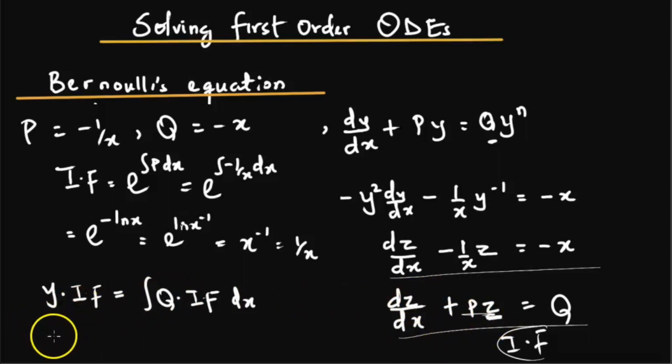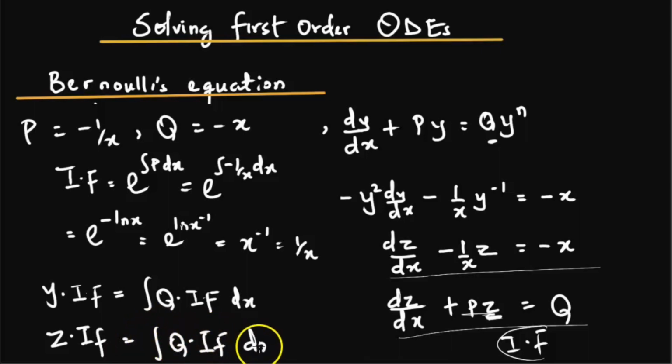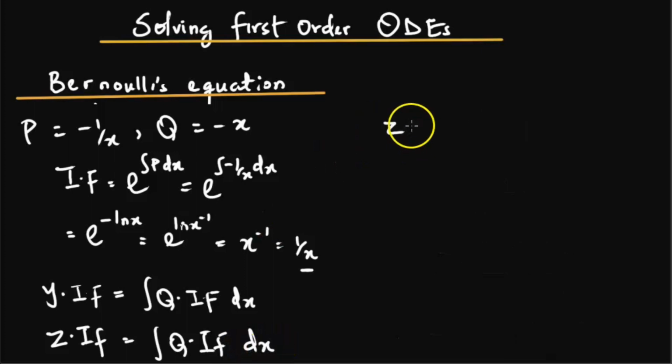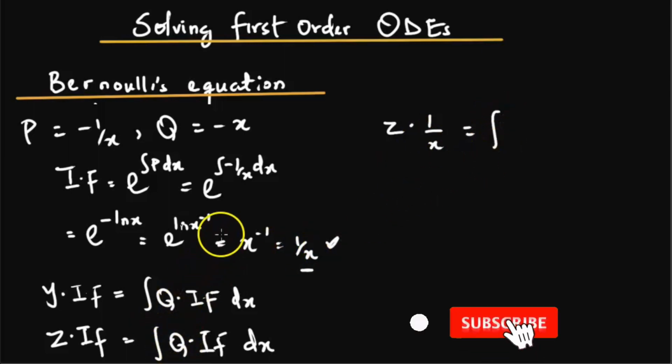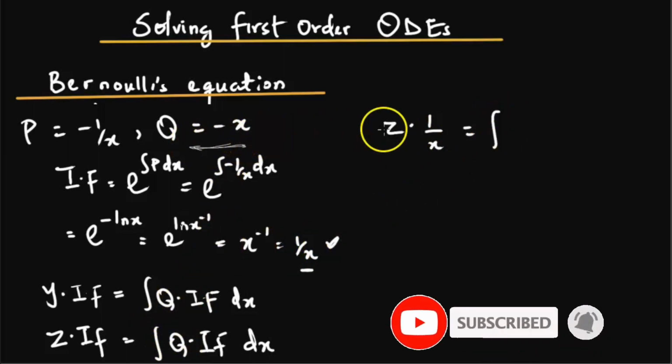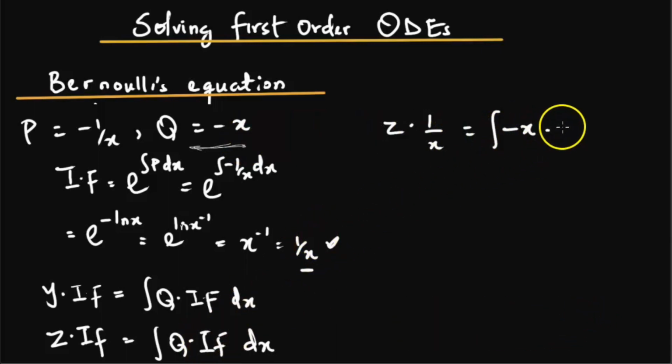So we're going to make use of the formula z multiplied by the integrating factor equals the integral of q multiplied by the integrating factor dx. So we have z multiplied by the integrating factor 1 over x equals the integral of q. What is q? q is minus x, so the integral of minus x multiplied by the integrating factor 1 over x dx.